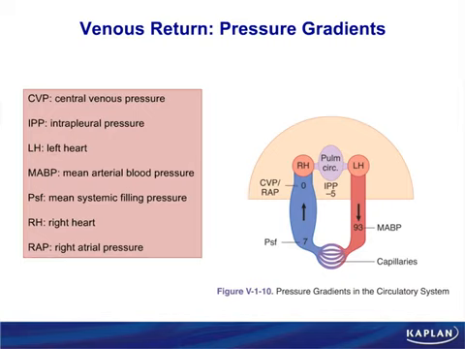That's what mean systemic filling pressure is. Again, we don't measure it, but we can think about the concept of it and what's going to influence it. The reason that's so important is because PSF is a huge player in determining venous return.